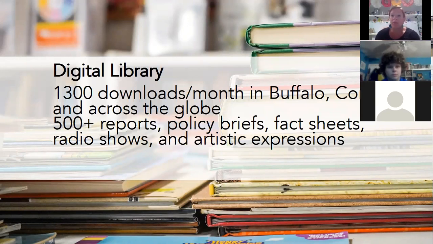We have a digital library, and I say this now because as you're thinking about your projects, you might want to put something out into the public, as long as your community partner agrees with it, so that it could be made available to the community. You're doing all of this work alongside your community partner.